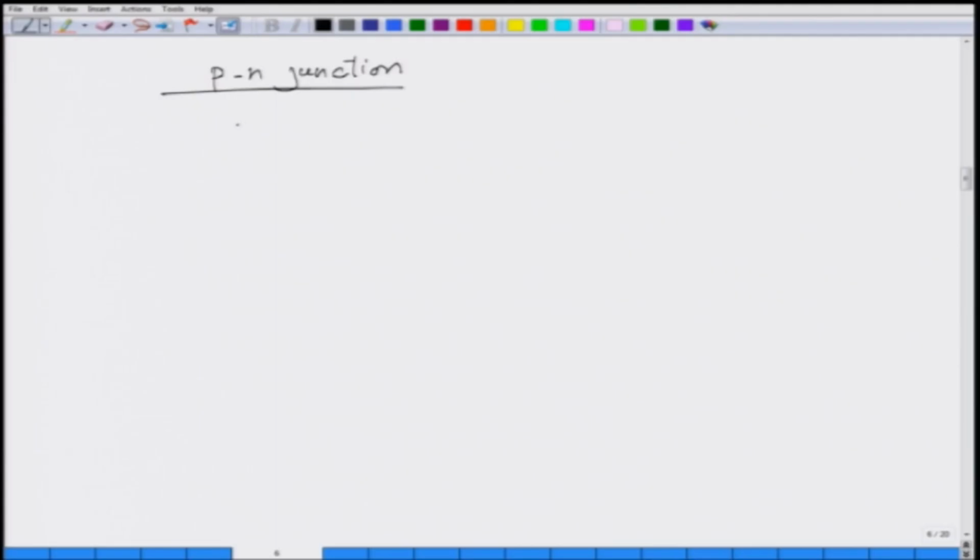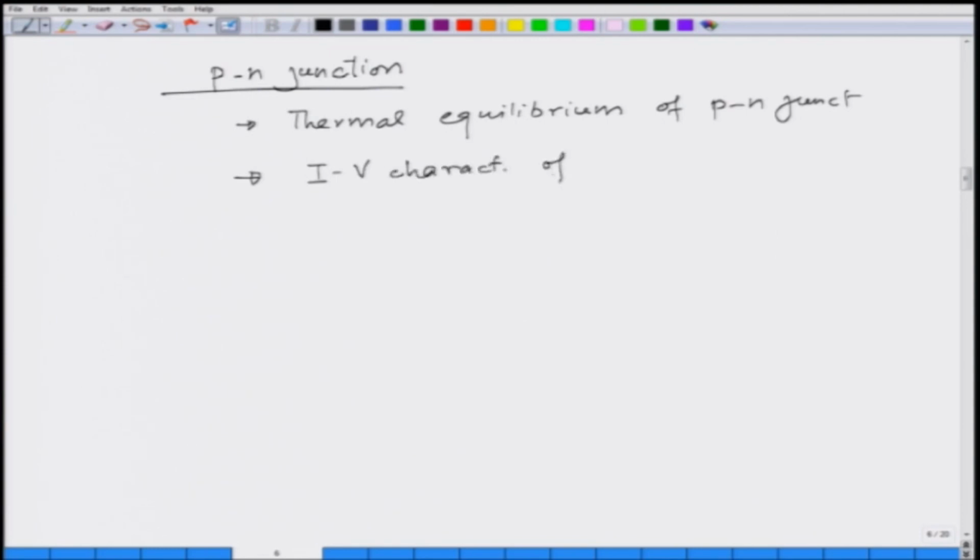Then we quantified the thermal equilibrium status of the p-n junction, the charge balance and the fields in thermal equilibrium. Then finally, we looked at how to derive an IV characteristic of an ideal p-n junction.